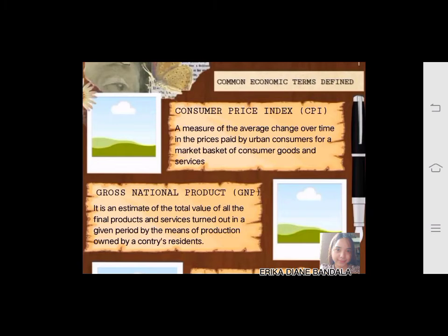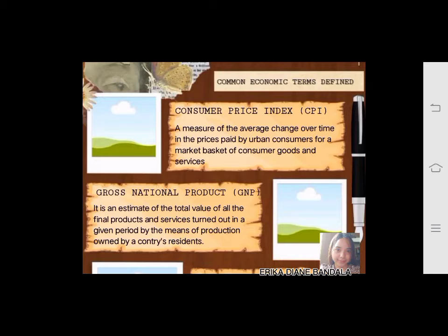So the next topic is the common economic terms defined. So the first is the Consumer Price Index or the CPI, a measure of the average change over time in the prices paid by urban consumers for a market basket of consumer goods and services. So before explaining the CPI, it is important to understand the market basket.